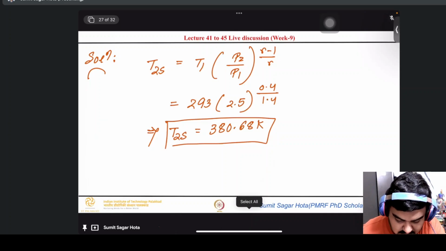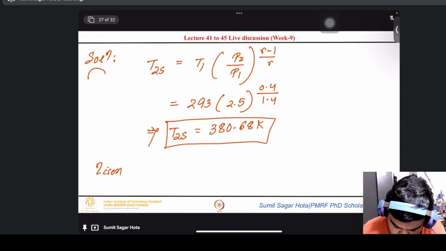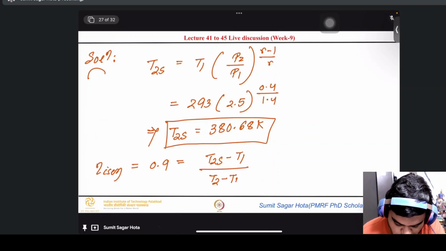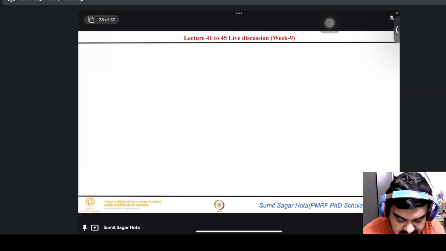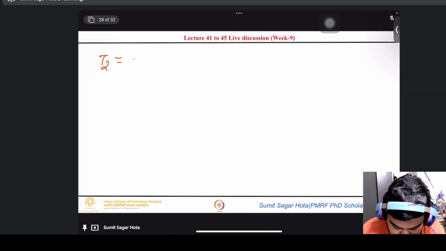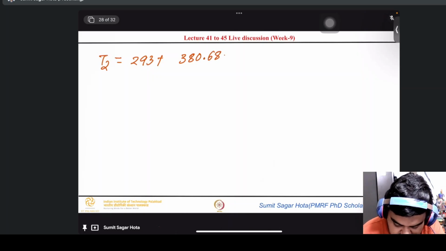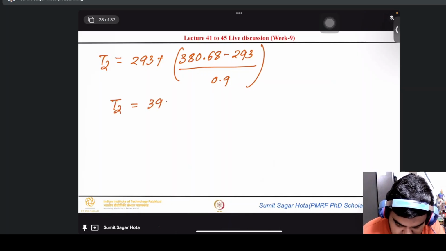Now the isentropic efficiency: T2 is equal to 293 plus (380.68 minus 293) divided by 0.9. Then T2 is equal to 390.43 Kelvin.